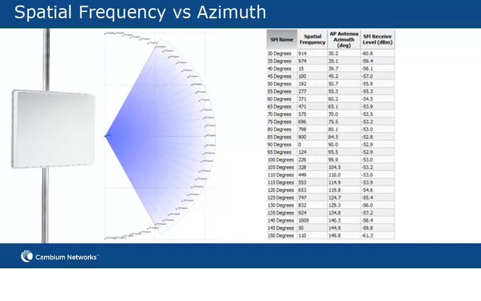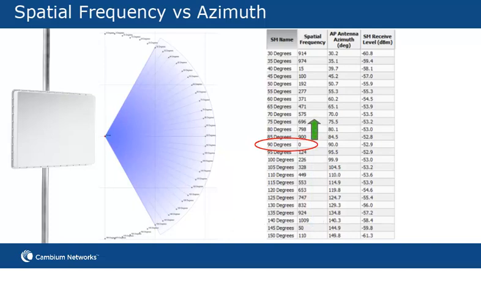In this example, notice the pattern of the spatial frequency in relation to the azimuth. At the peak of the sector, the spatial frequency is 0 and increments as the azimuth increases. It rolls over to 0 between the 140-degree and 145-degree SMs. The spatial frequency continues to count up until it extends past the usage range of the sector.